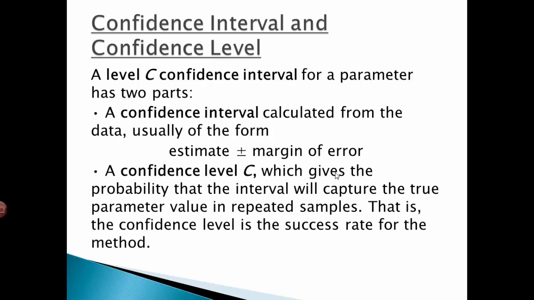The second part is a confidence level C, which gives the probability that the interval will capture the true parameter value in repeated samples. That is, the confidence level is the success rate for the method. So basically when we say we're 95% confident, we're saying we will be successful with 95% of our simple random samples.